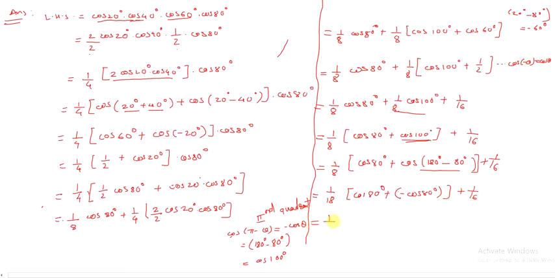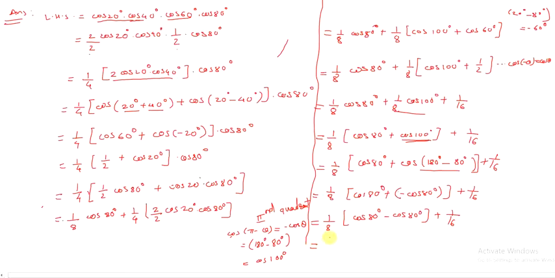So it is equal to 1 by 8 inside the bracket cos 80 degree plus minus cos 80 degree, and plus 1 by 16.